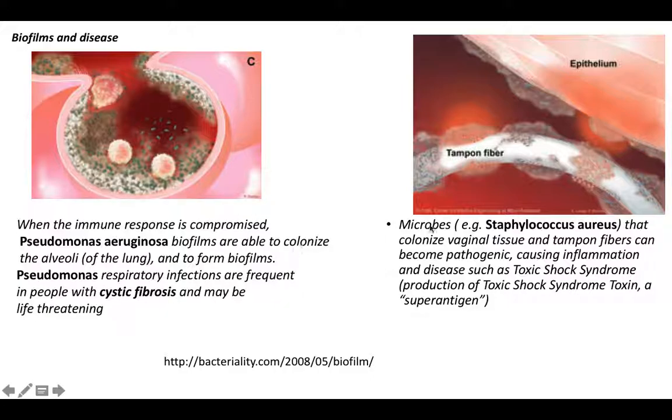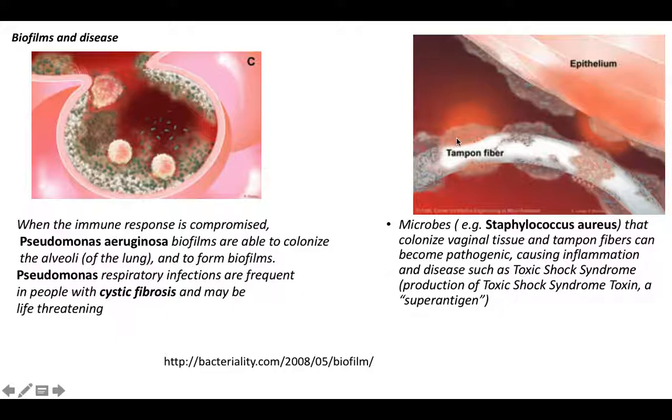This is another example. This kind of dates back to the toxic shock syndrome, when women were being sold on these tampons that you didn't have to change very often, which was a horrible selling point.